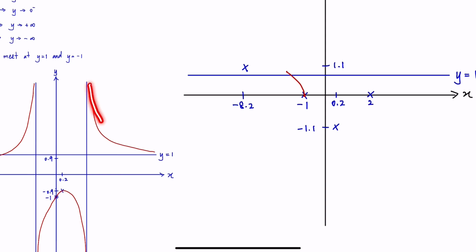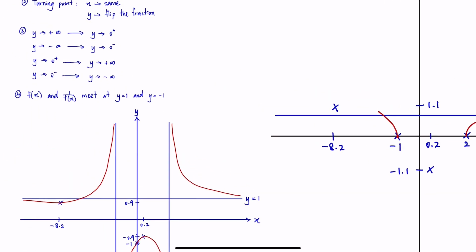And for this part, it's also going towards 0, towards y equals 0, like this. So it's either like this, or like this, or like this, anything. We'll see later. But it should be here.